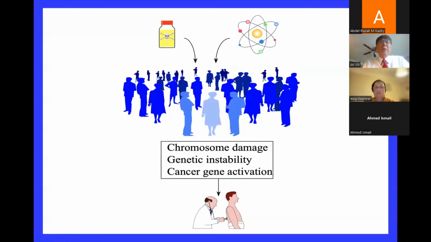So based on what I have mentioned earlier, this is a summary cartoon. On a daily basis, we can be exposed to radioactive or toxic chemicals in a population. We can do population studies like we have been doing for a long time to identify that they do have chromosome damage, genetic instability, or cancer gene activation.